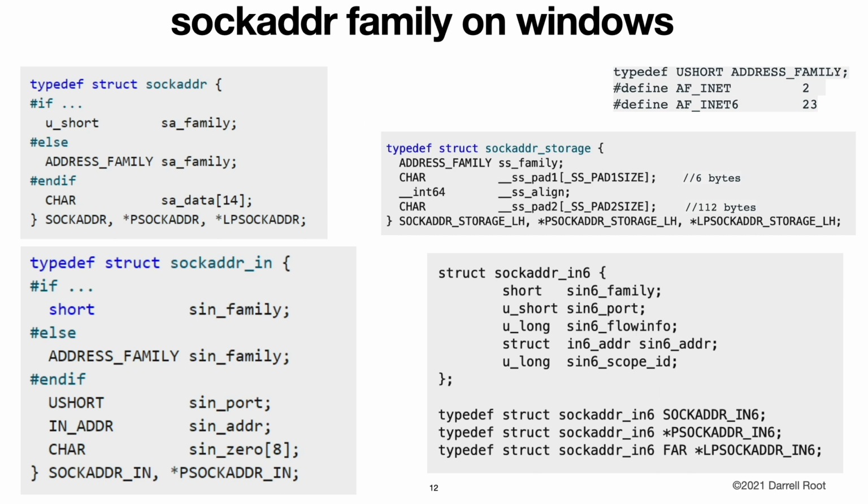So they have a new data structure called a sockaddr_storage, which is a total of 128 bytes in size. So if you need to create a sockaddr, what you do is you allocate 128 bytes for your sockaddr_storage, and then you cast it to a sockaddr_in or a sockaddr_in6.